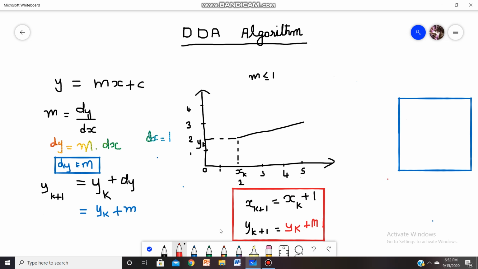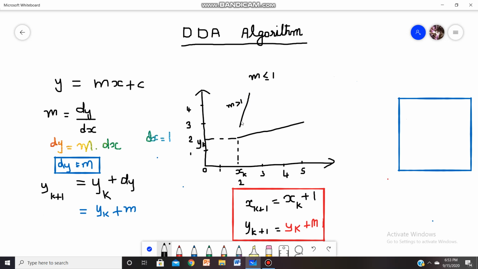Now we will see lines with the slope greater than 1. I will draw here itself a line with the slope greater than 1. So this is a line with the slope greater than 1.